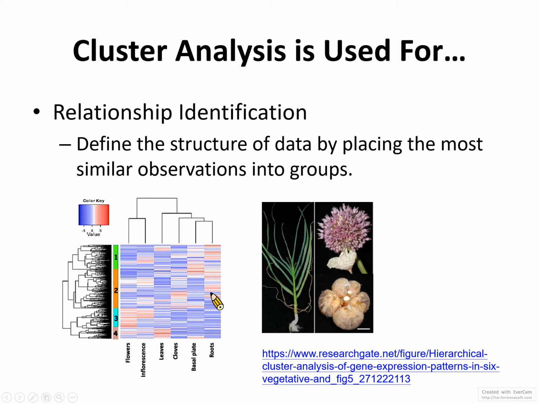So for example, the basal plates and roots are clustered together because they are close, and they're also close to the cloves and leaves, but the flower and the inflorescence are closer to each other than to the other parts of the garlic. So that is one important application of cluster analysis, to identify the relationship between the data. I will show you more examples in the second part of our lectures.